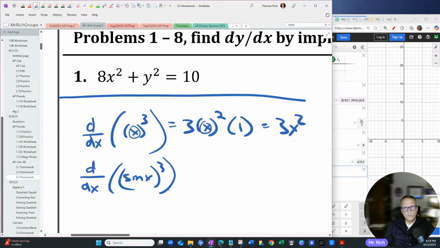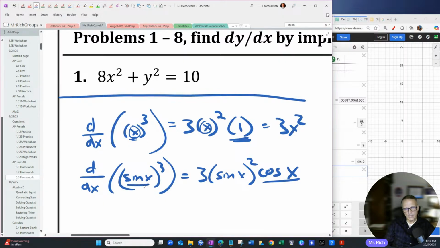Well, I'm still going to use the power rule. And it will be 3 times the thing that's inside, sine x, but now to the second power. But then, by the chain rule, I take the derivative of that inside part, which is cosine, and I multiply it by cosine x. Notice that the multiplier up here was a 1 because the derivative of x is 1, but here the multiplier is cosine x because it was sine x.